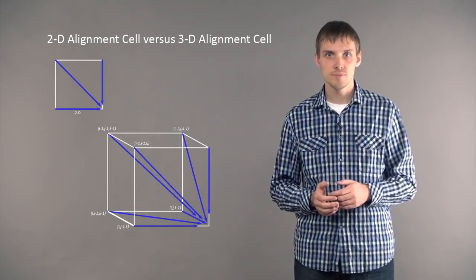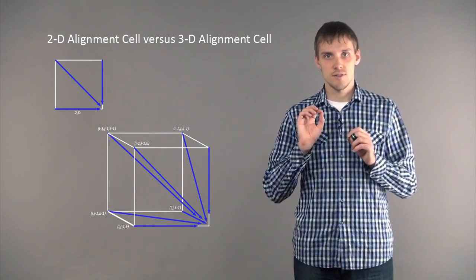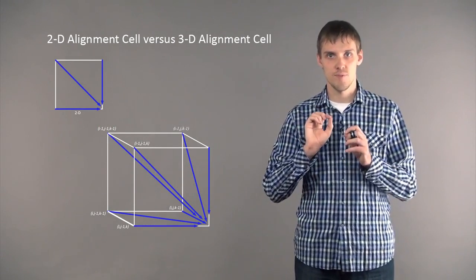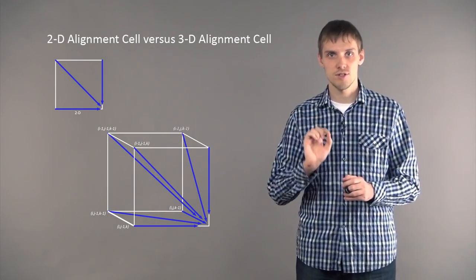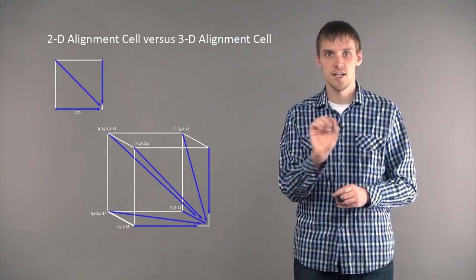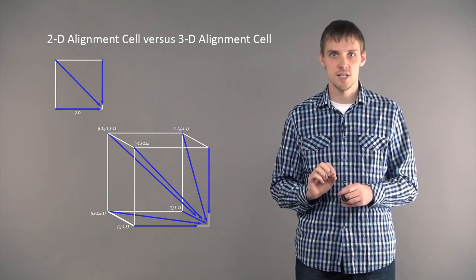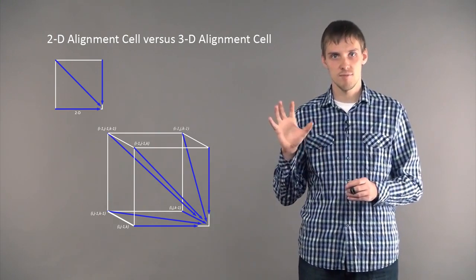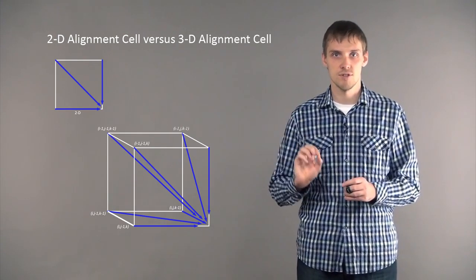In two-dimensional alignment, during each step, we took the maximum of three values which were vertically, diagonally, and horizontally opposite to this alignment cell. But in multidimensional space, you will have more neighbors for each cell.